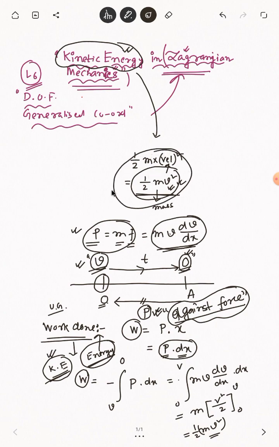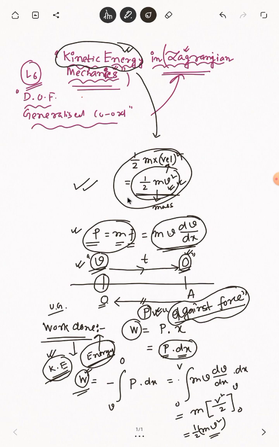So from now on we will use this result for kinetic energy. What is it? Ultimately some kind of work done. That is a very important concept which is often asked in the higher level interviews. So be careful about that.